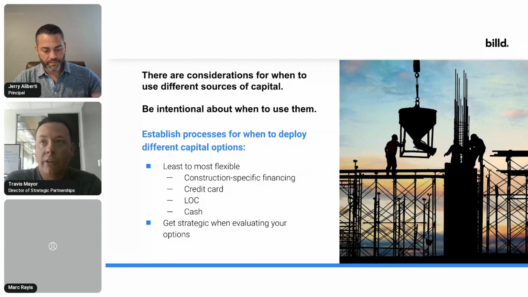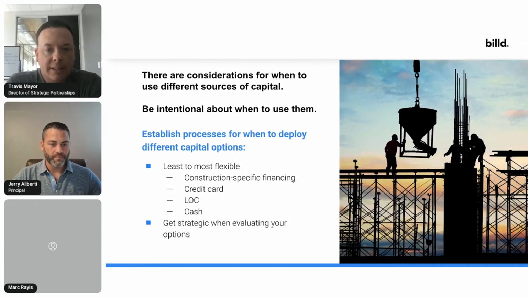Yeah, so expanding on our last slide, right? So the considerations for when to use those other sources of capital outside of cash, right? So first and foremost, being intentional about when to use them, right? Financing should have an ROI to the business, right? And cash has an ROI, a carrying cost with it if you're using your own cash to fund jobs, right?